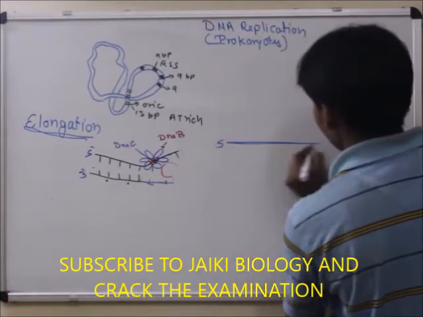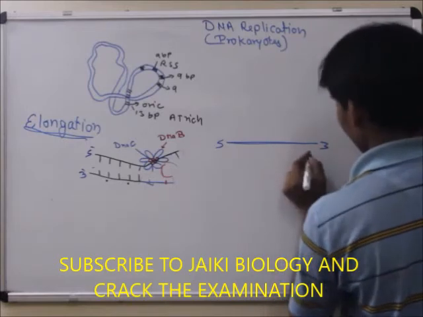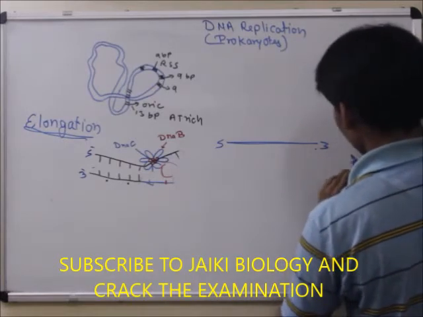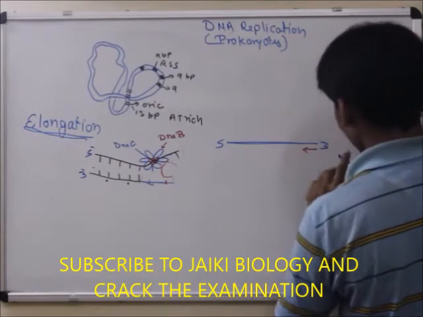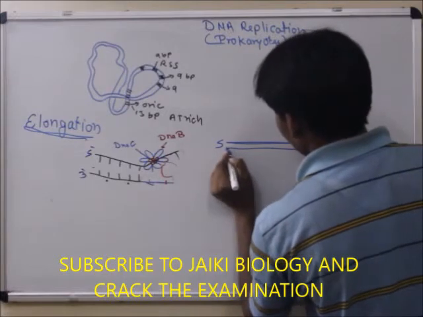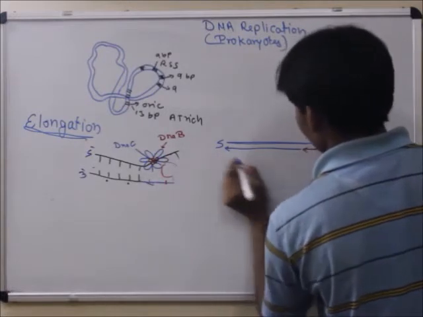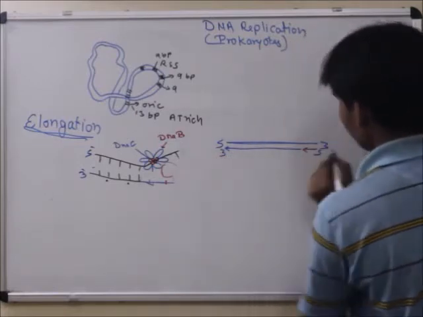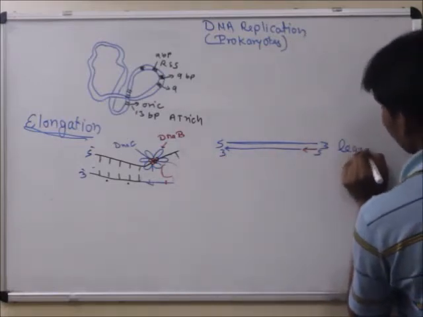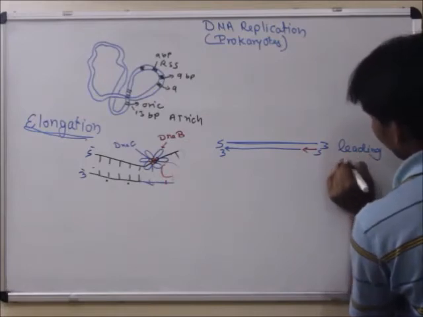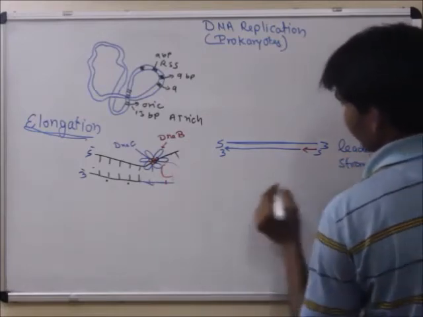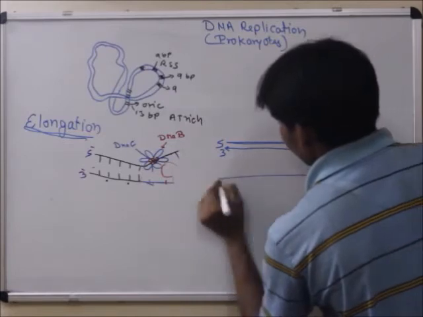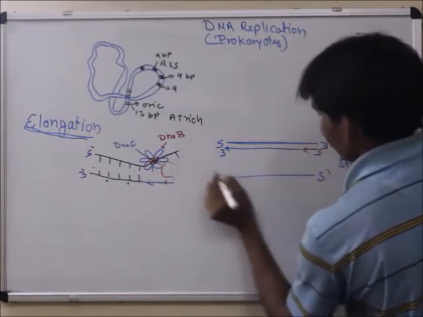This is the 5' and 3' here. This is the primer, okay, and the synthesis by DNA polymerase is completed in the 5' to 3' direction. This is the 5' and this is the 3'. This is the case of the leading strand, but in the other case, this is the 3' and this is the 5'.